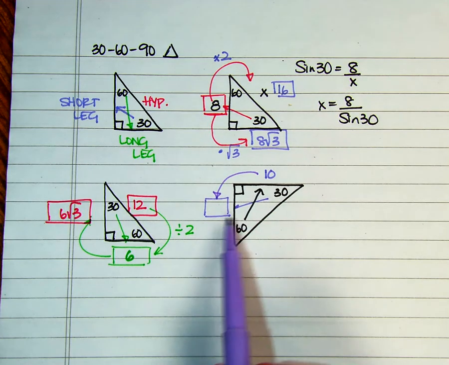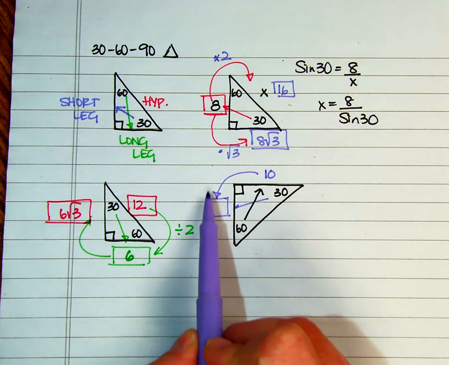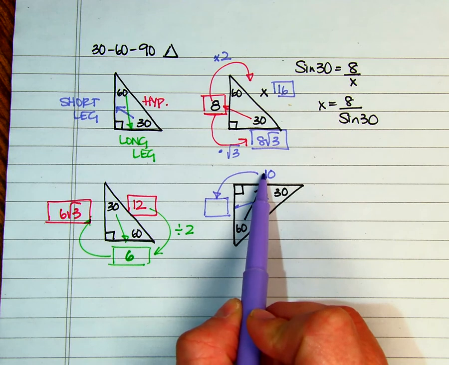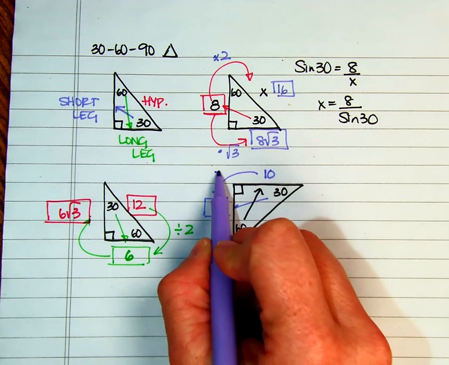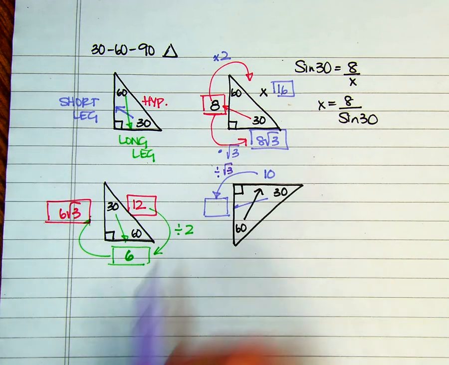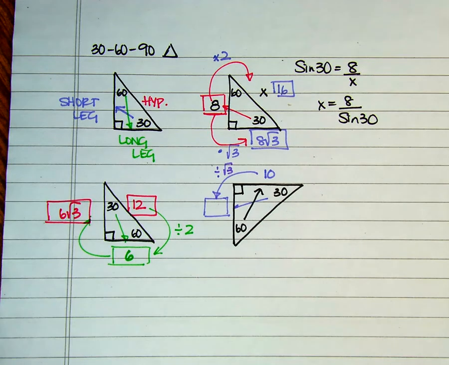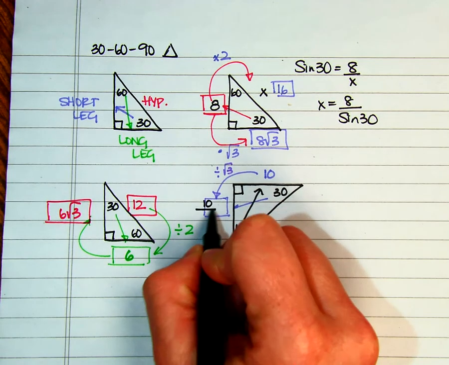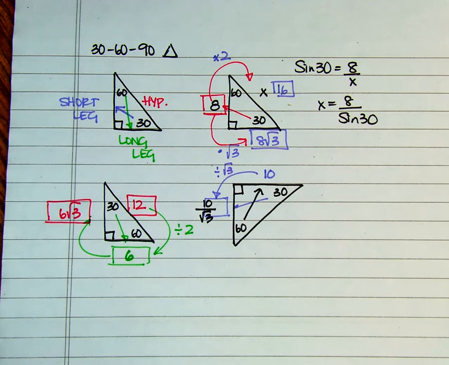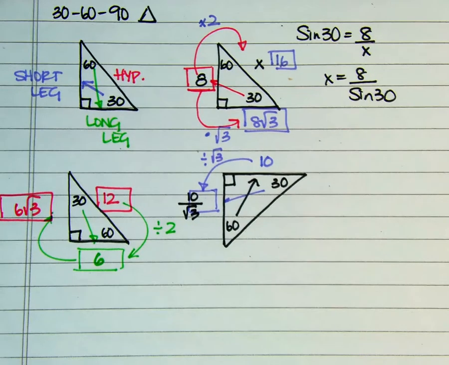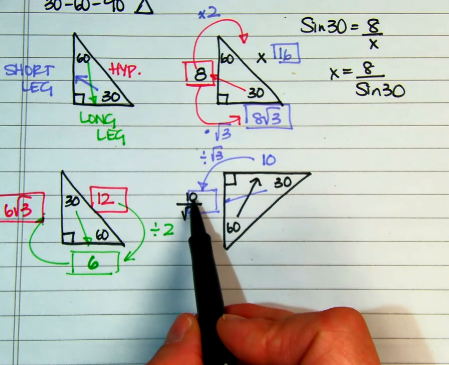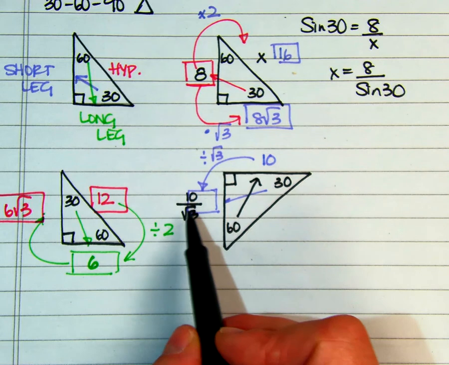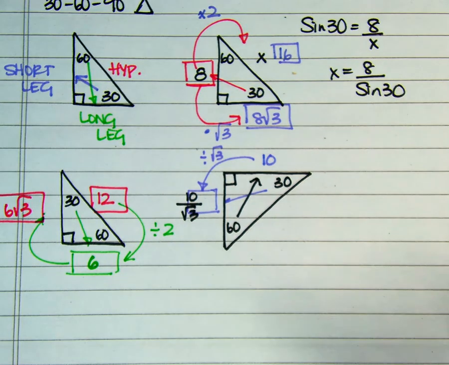If I was going from the short leg to the long leg, I would be multiplying by the square root of 3, but I'm going backwards, so I'm going to have to divide by the square root of 3. So this would be 10 divided by the square root of 3. I am not going to get all wrapped up in reducing radicals, so I would put 10 divided by the square root of 3 into my calculator and get my decimal answer.